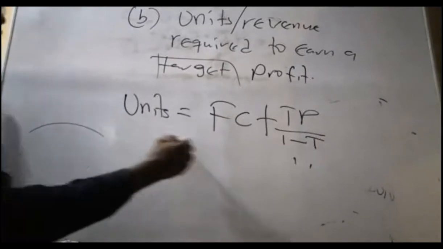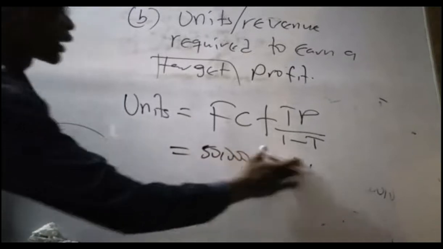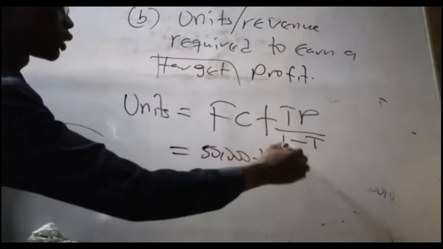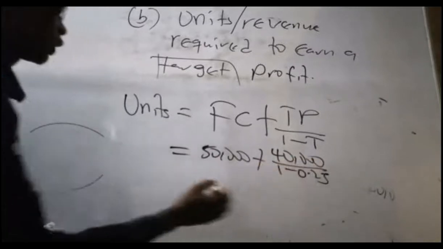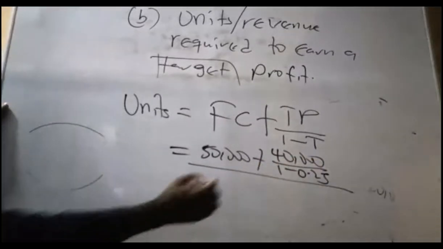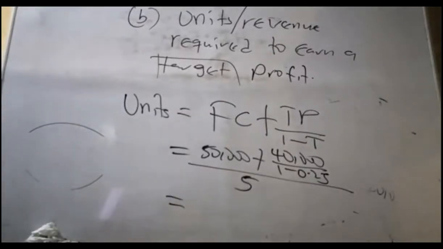So now let's quickly finish it up. Fixed cost is 50,000 plus 40,000 divided by 1 minus 0.25, which is 53,333, all divided by 5. So that will be 103,333 divided by 5.